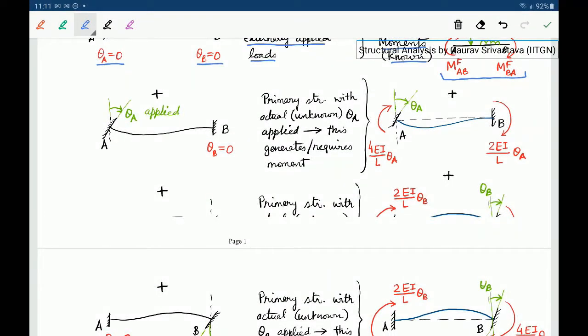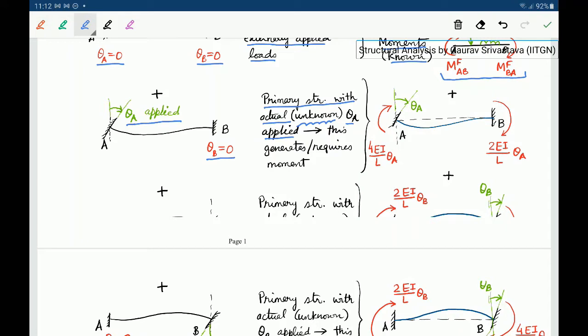Second, we retain theta B to be 0, but we apply a theta A which would have been there in the original structure. So we consider the primary structure with the actual theta A applied, and this actual value is of course unknown as of now.